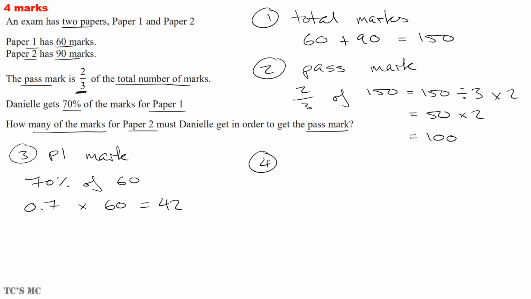Step 4, we need to work out the marks needed for paper 2. We need to do the pass mark, which is 100, subtract the number of marks Danielle got in paper 1. For writing this out, we have a third mark. For writing 58, we now have a fourth mark.